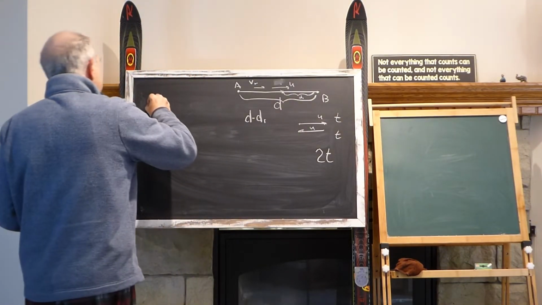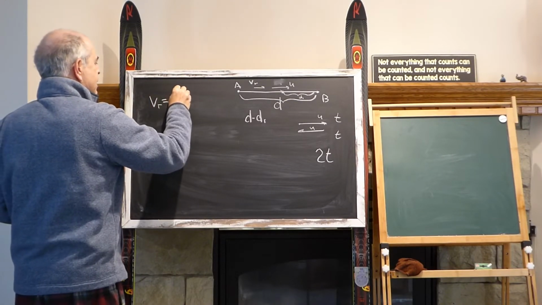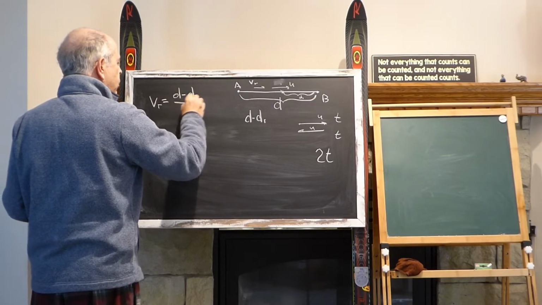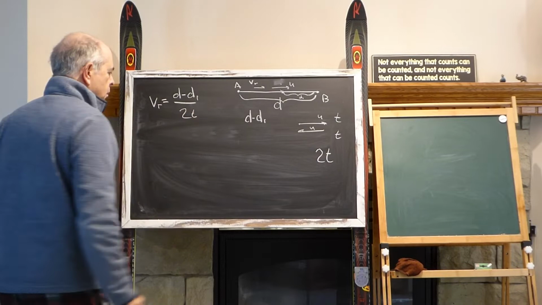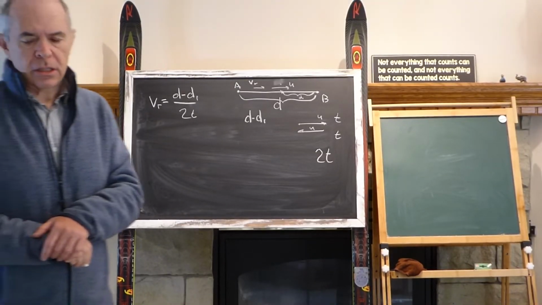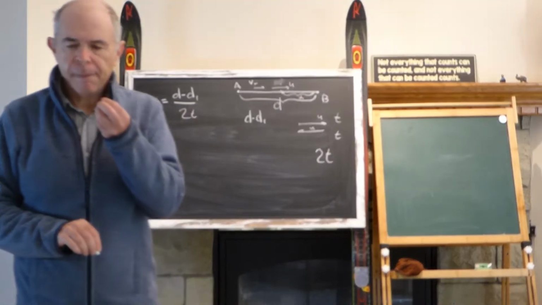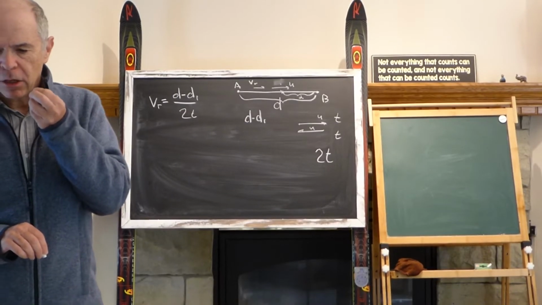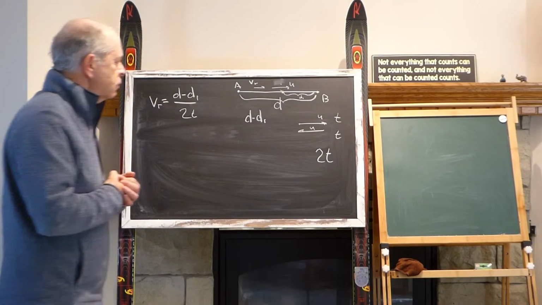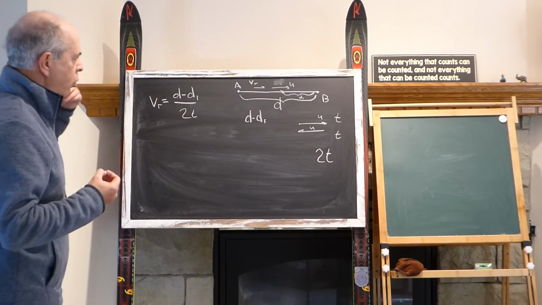So we immediately can tell that V river equals d minus d1 divided by 2t. We immediately know V river, right? This shows how fast we can solve the problem if we choose the correct coordinate system. So we know the speed of the river now.